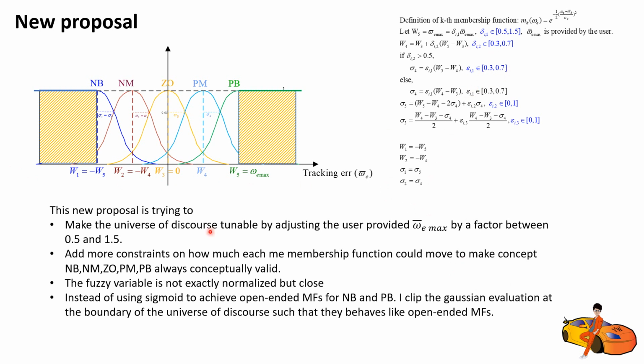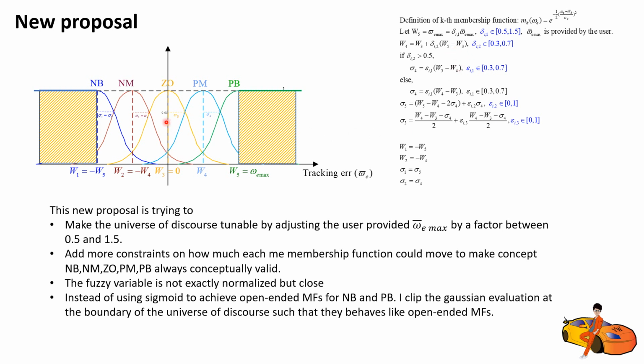And then I also add more constraints on how much each membership function could move to make the concept always conceptually valid. So what I did is, once I figure out this omega 5, the omega 4 is equal to omega 3, which is always fixed at 0, plus a number times the difference between omega 5 and omega 3.